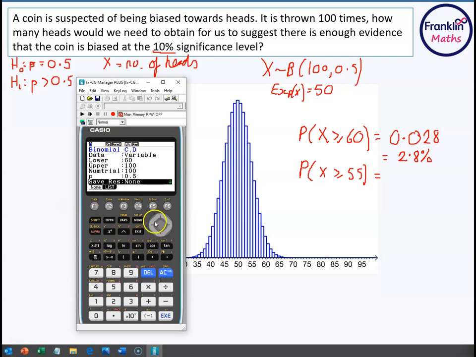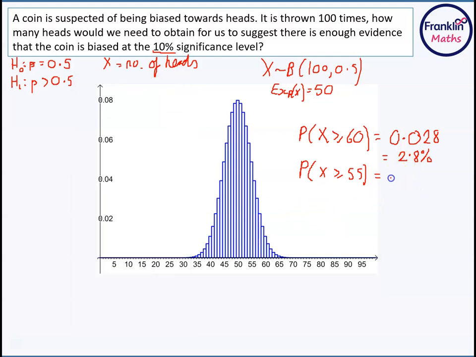So this time I've gone a little bit above: 0.18. So 18%. We've got an 18% chance of getting 55 or more, but only a 2.8% chance of getting 60 or more. So the value is somewhere in between those two.